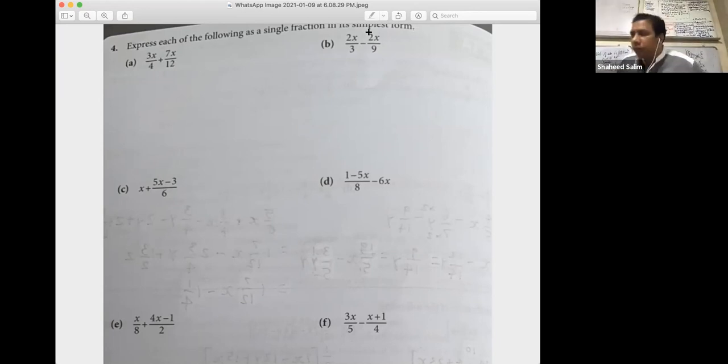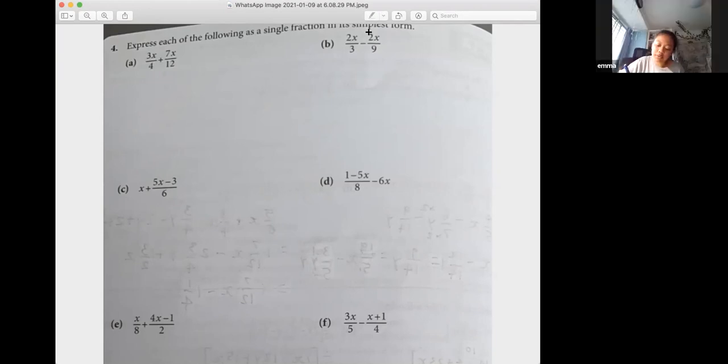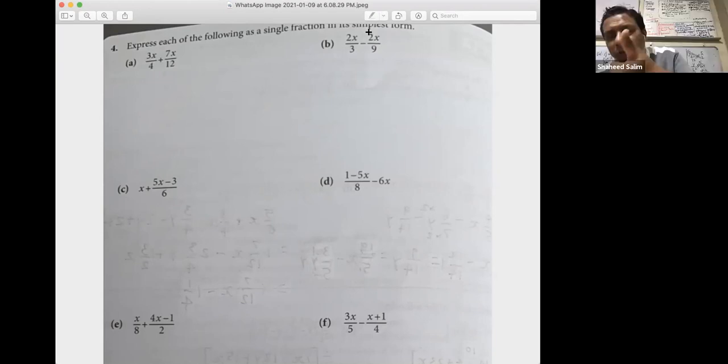So it is 4x over 3. Well done, 4x over 3. You try D then, D.